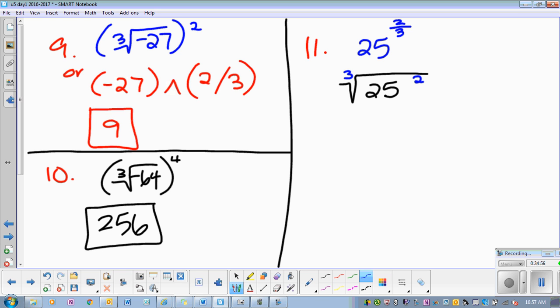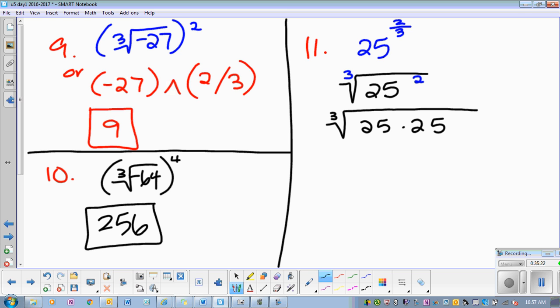So, let's do this. 25 squared means I have how many 25s? 2, right? We have two 25s here. If it's 25 squared, okay? So I'm gonna break it down. 25 times 25. That's what it means to have 25 squared, right?